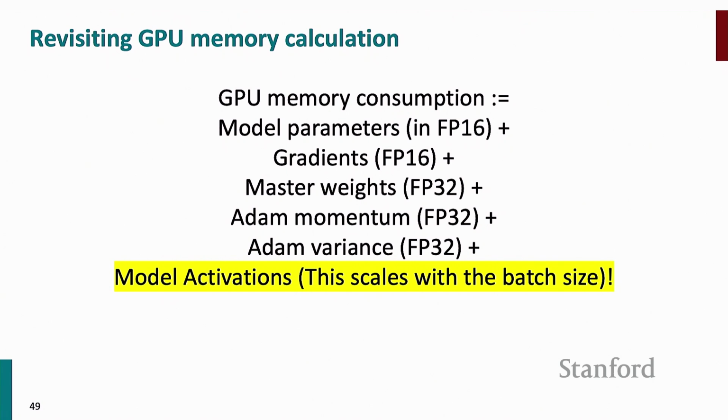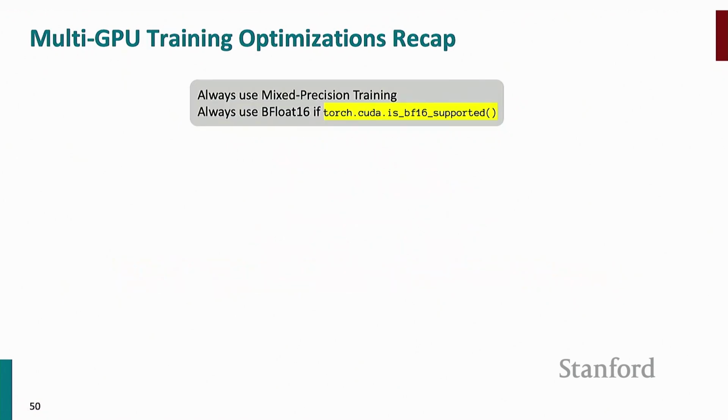So we looked at a bunch of basics of multi-GPU training and floating point, but it boils down to this very simple flowchart which you can use for your final projects when you're fine-tuning models. The first thing is always use mixed precision training. You barely ever see a hit in performance.